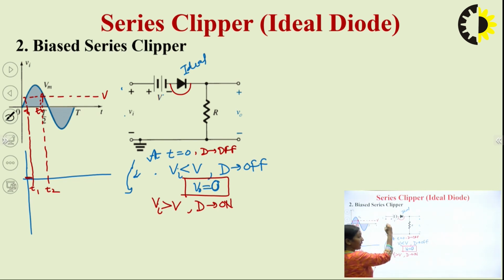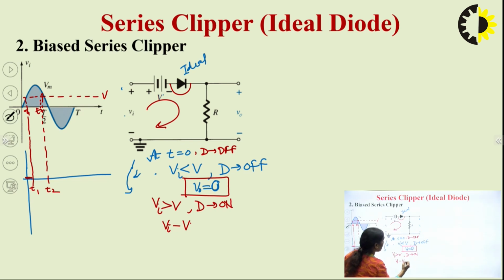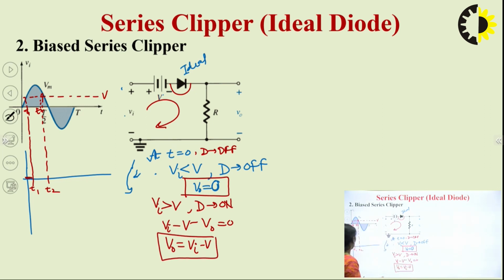So we can write the KVL in this loop. So it will be Vi minus V minus V naught is equal to 0. So this will give you the output V naught is equal to Vi minus V. So during time period T1 to T2, your output will be equal to Vi minus V volt.